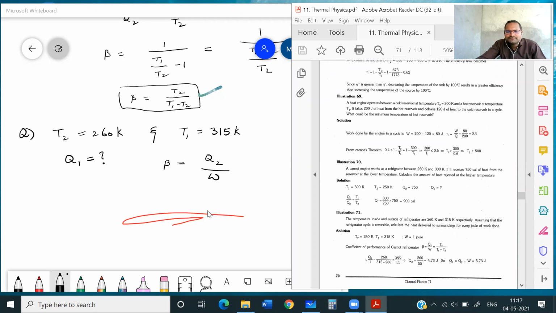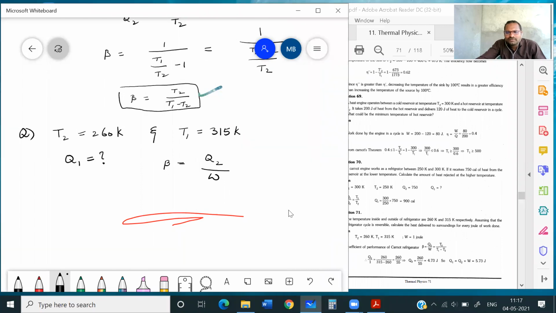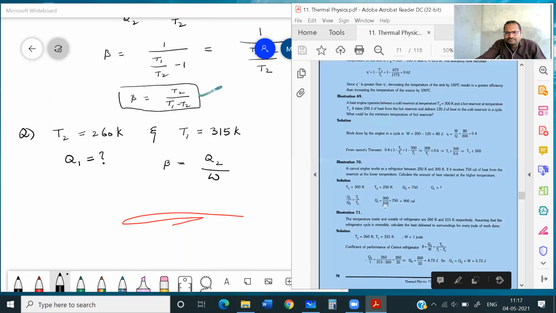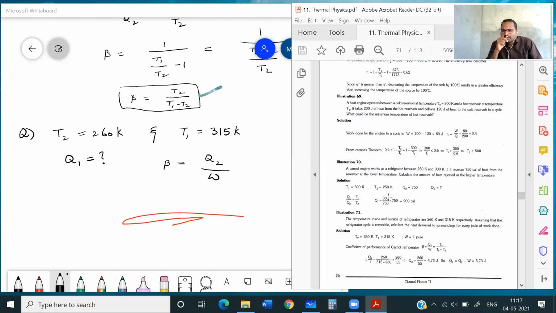Varun, why are you writing? Don't write on that screen. Question number 71, all of you read it. The temperature inside and outside the refrigerator are 260 Kelvin and 315 Kelvin respectively. Assuming that the refrigerator cycle is reversible, calculate heat delivered to the surrounding for every joule of work done.